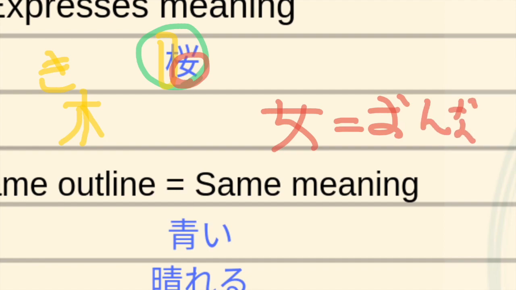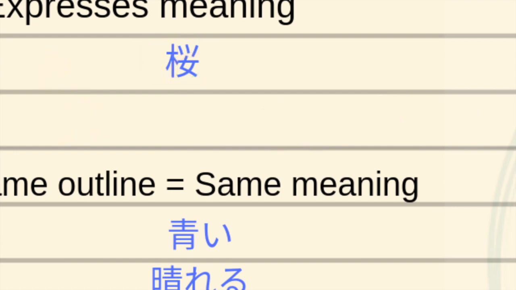Then you can imagine this kanji to be a lady who is standing near the tree, and this portion can be considered as a decoration on the lady's head, or a crown that she is wearing. Decoration in Japanese is kazari.